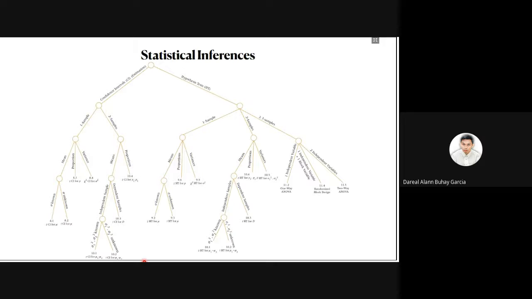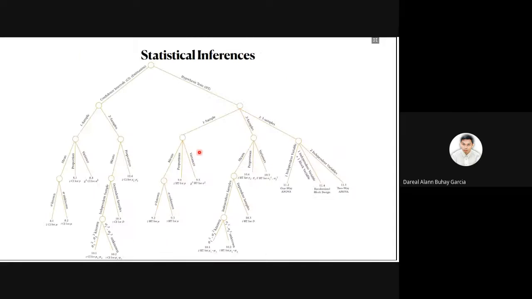So these are the questions that we should be considering on what hypothesis test to use, if we're going to use z-test, t-test, or f-test. So for z-test, what kind of z-test? Z-test for a single sample population or a two sample. It's the same with the t-test.